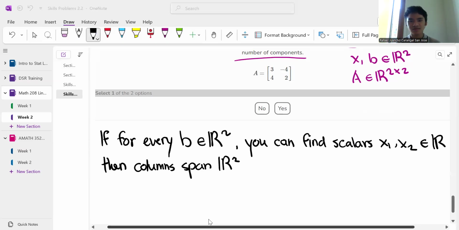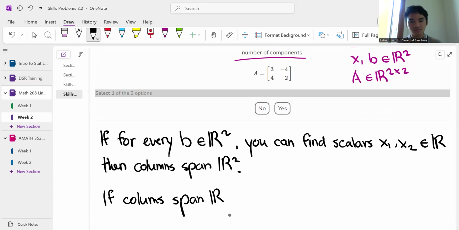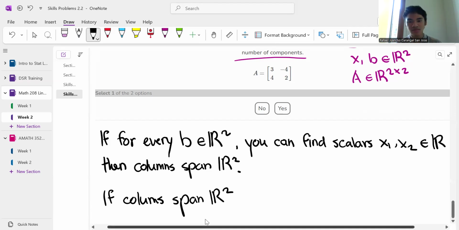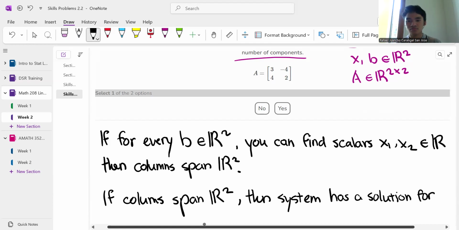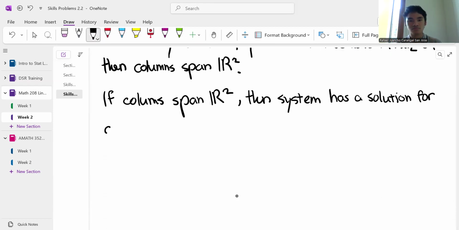And if they span, so here's where the if columns span in R2, then what we're saying is that the system has a solution for all B, right?